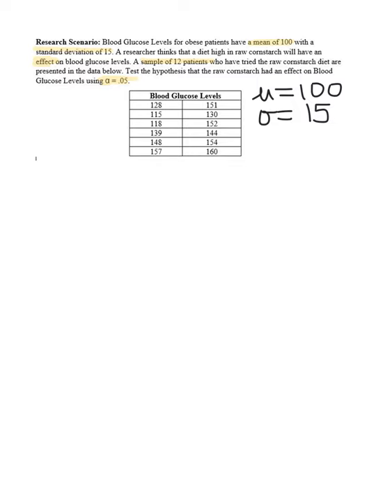So I always provide you the alternative hypothesis somewhere in the research scenario. So you could say this entire sentence, a diet high in raw cornstarch will have an effect on blood glucose levels, is the alternative hypothesis.